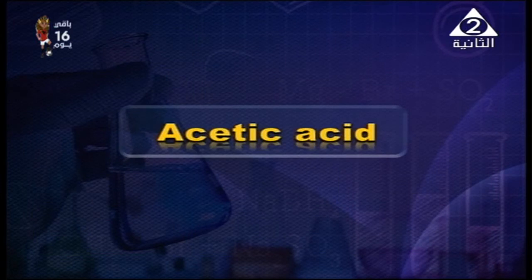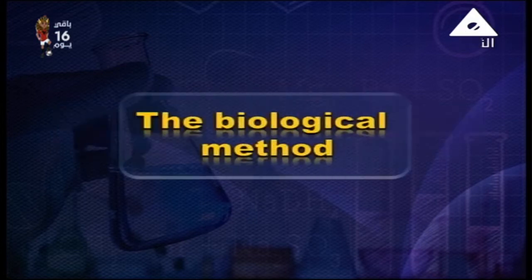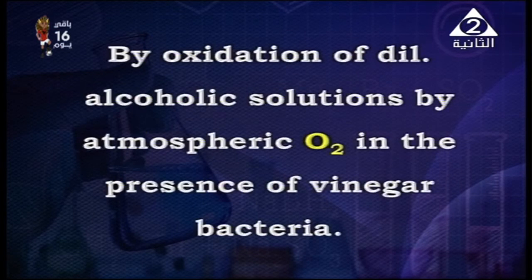Now we are going to discuss acetic acid in detail. The methods of preparation. The biological method: by oxidation of a dilute alcoholic solution by atmospheric oxygen in the presence of vinegar bacteria.